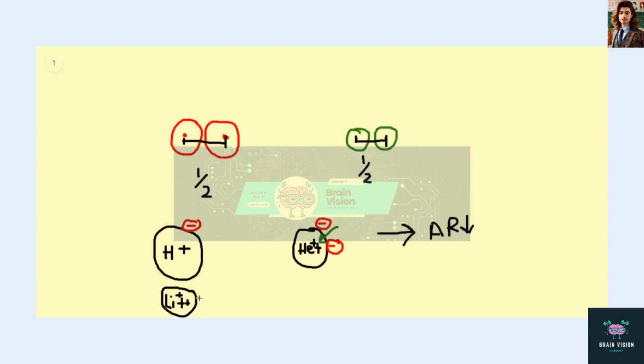Now, the size in which I'm drawing these atoms is irrelevant. We're just going to focus on the explanation of the atomic radius. So with lithium, you have 2 electrons on the first energy level. The second energy level has 1 electron, giving us a total of 3.